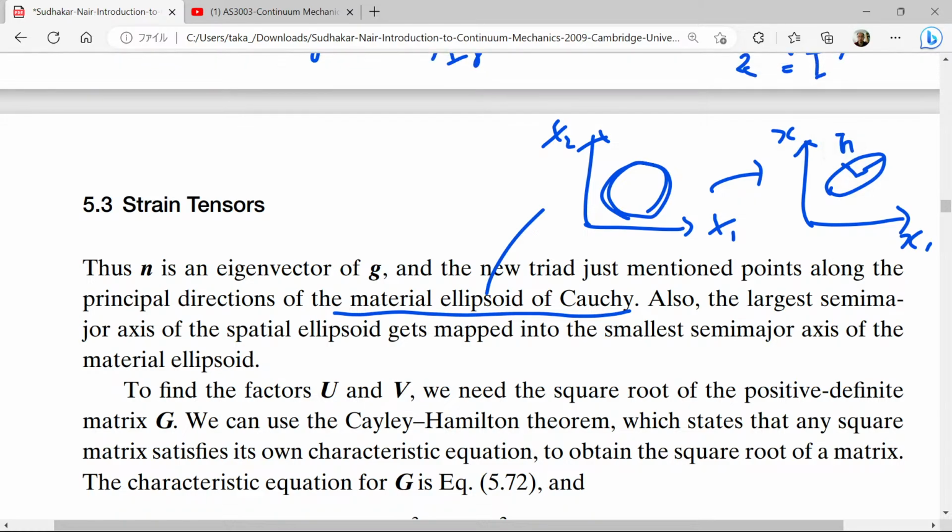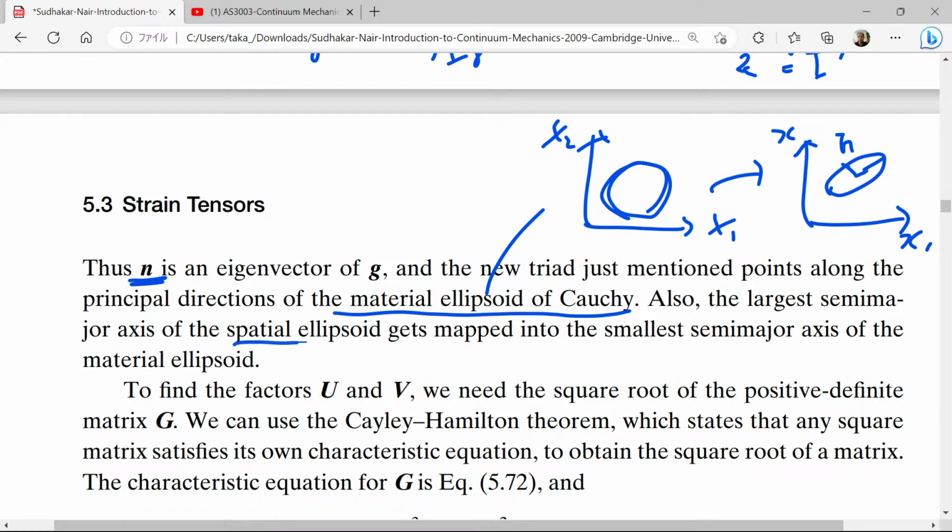This is the principal direction of the material ellipsoid of Cauchy. Also, the largest major axis of the spatial ellipsoid.